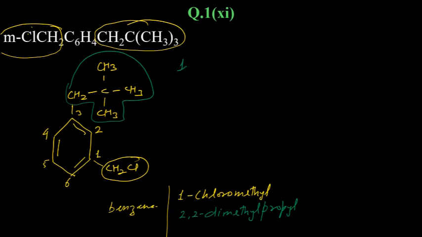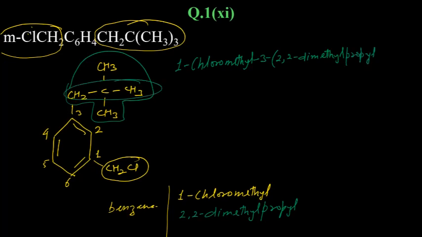So it will be 1-chloromethyl, then on third position 2,2-dimethyl propyl benzene, not propane, because benzene is the main chain. Yes, Ashi, correct. That is another name possible.